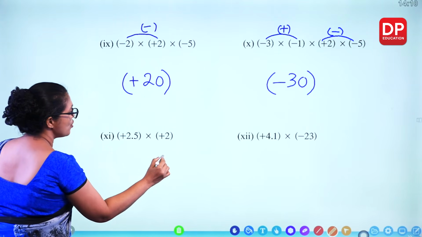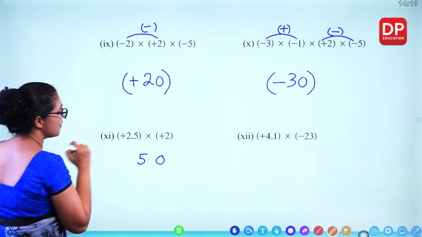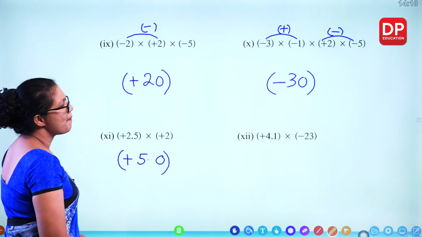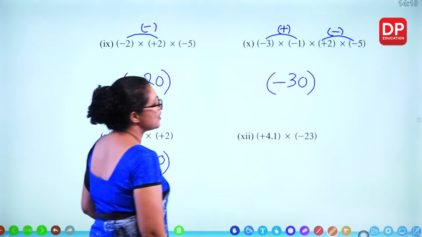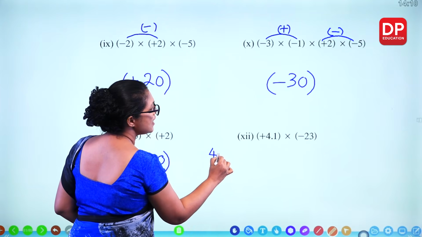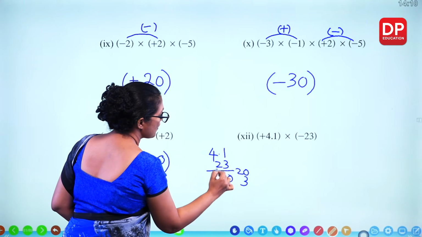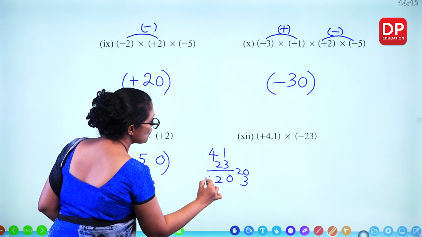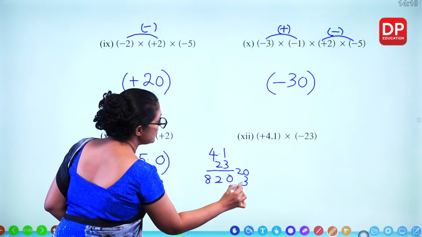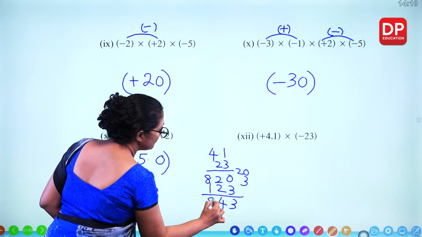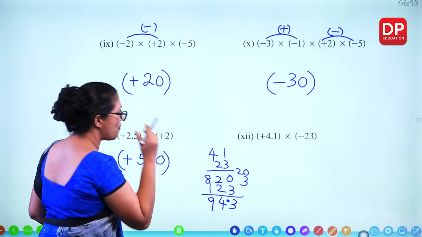Multiply by 2, you get 5. Both positive, answer is positive. Now here you need to multiply by 23 now. 20 and 3. 2 times 1, 2. 2 times 4, 8. 3 times 1, 3. 3 times 4, 12. When you add it, you get 94.3.